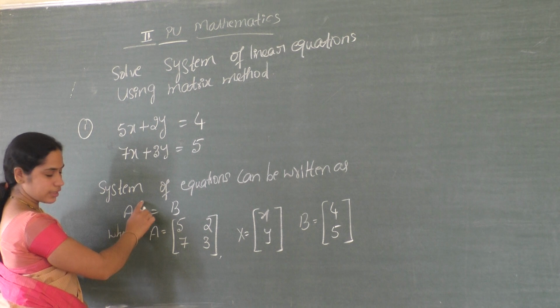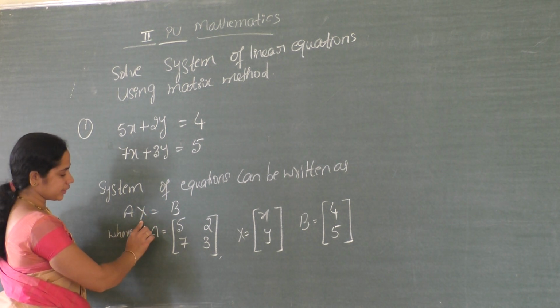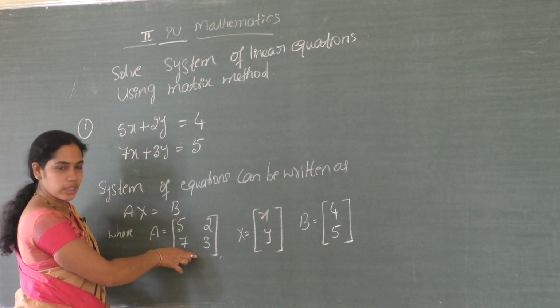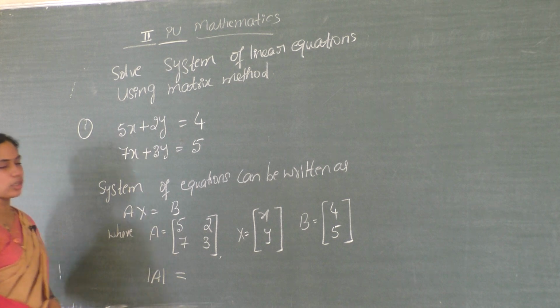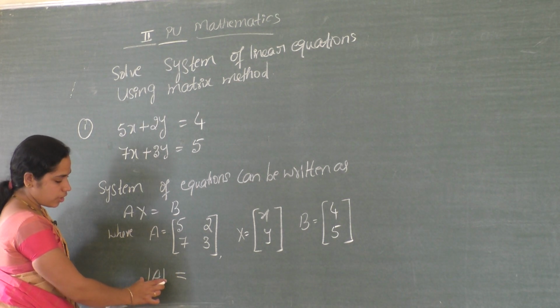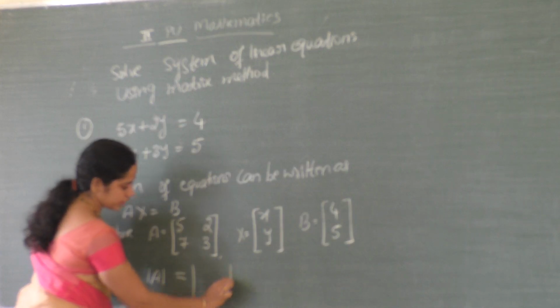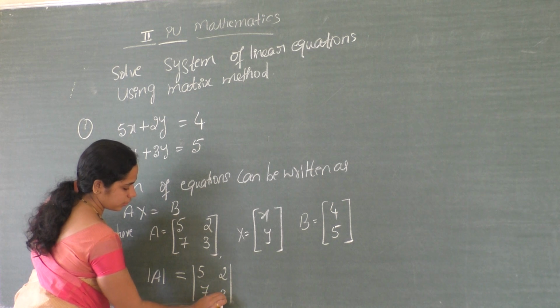Now first we need to solve for X. X is equal to A inverse into B. A inverse exists only when A is non-singular. We'll find out A is non-singular means determinant of A is not equal to 0. First we'll find out the determinant 1, 2, 7, 3.